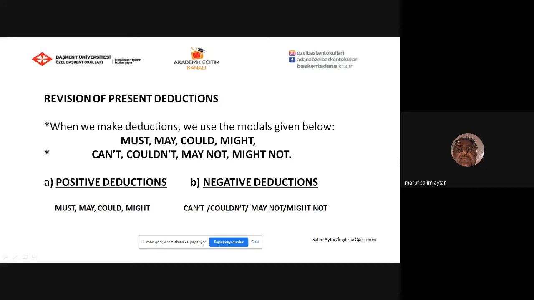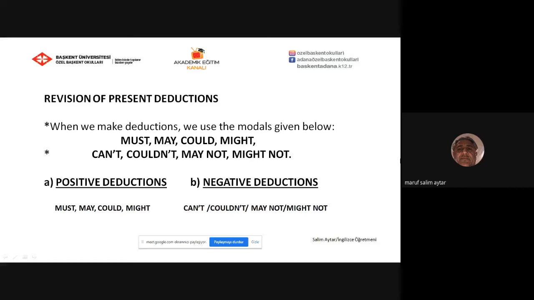Now we are going to make a revision of present deductions, actually. As you know, in our previous lessons, we did some of the exercises on present deductions. Let's just remember this fact.